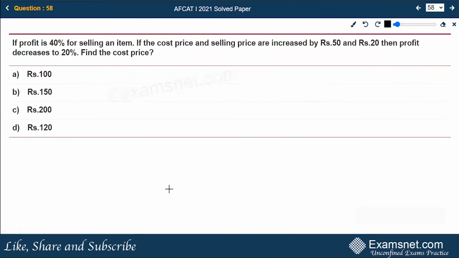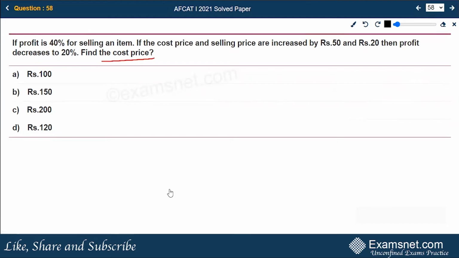Answer to this question is option C, that is 100 liters. Next is question number 58. If profit is 40% for selling an item, if the cost price and the selling price are increased by 50 rupees and 20 rupees, then the profit decreases by 20 rupees. You have to calculate the cost price. First of all, you have to find out the basic thing.